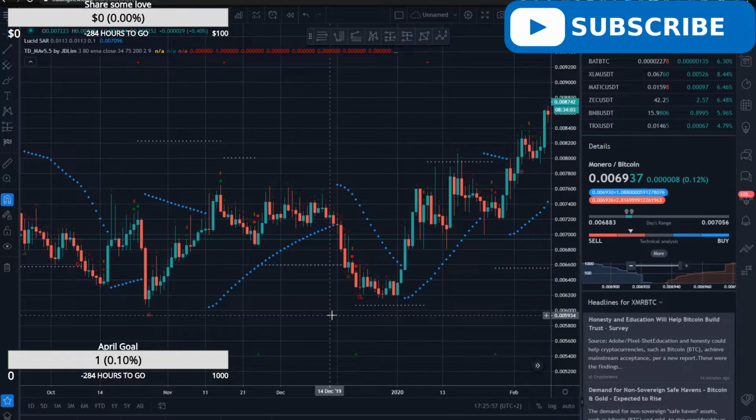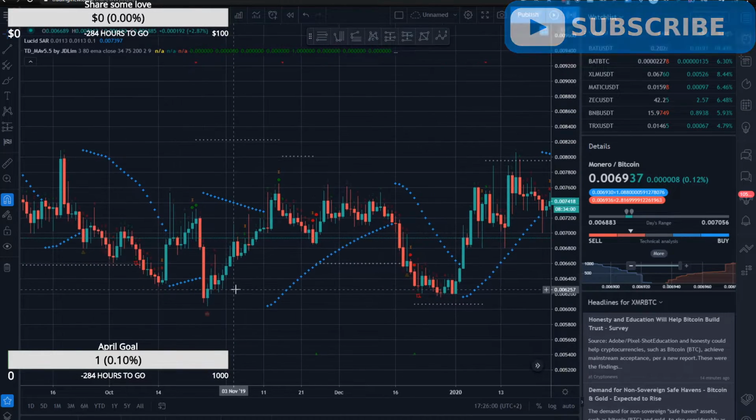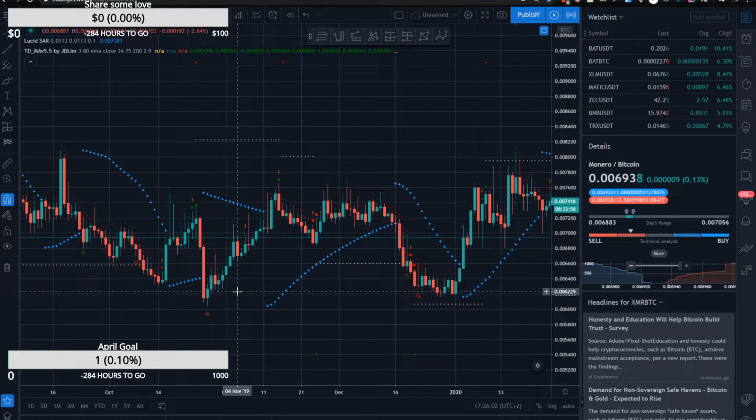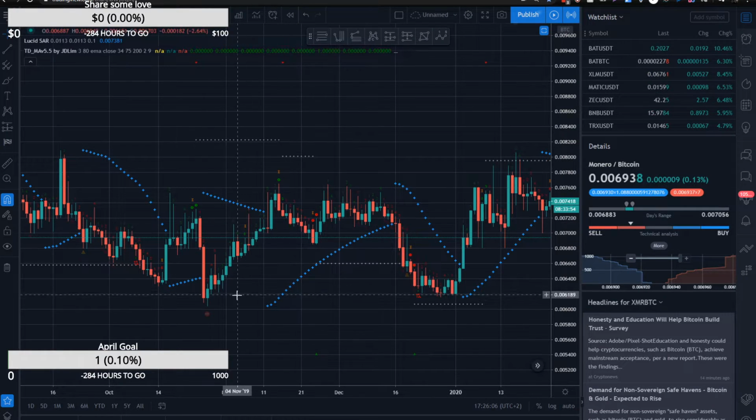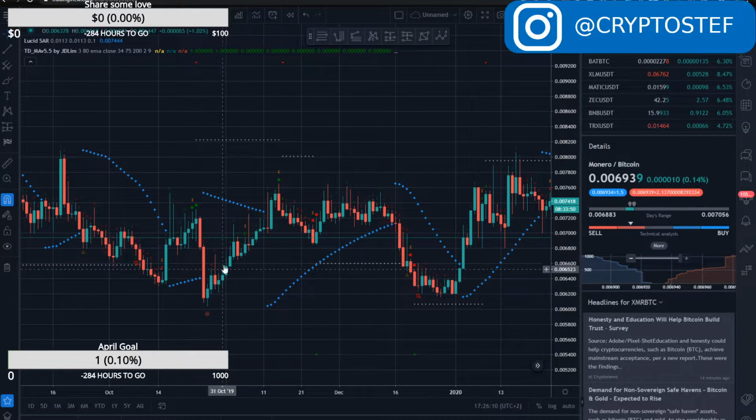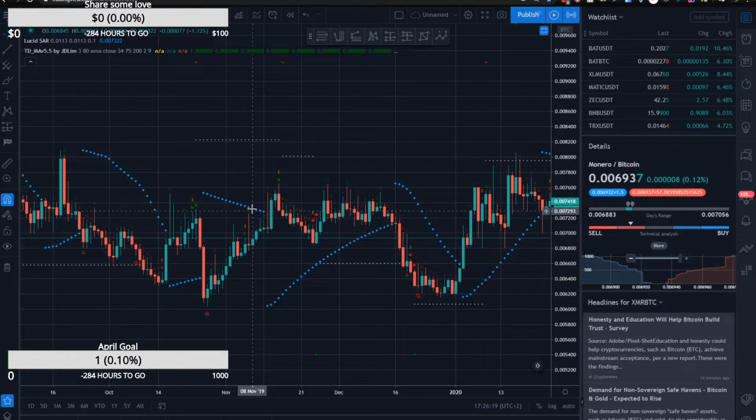For the TD sell setup, you want a green 2 above a green 1, and then you want a perfected 9. Here you see there was no perfected 9; probably this was one, but it didn't close above the previous two candles, and it drew a 9 and it reset.